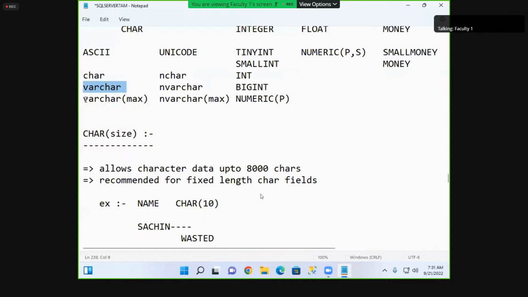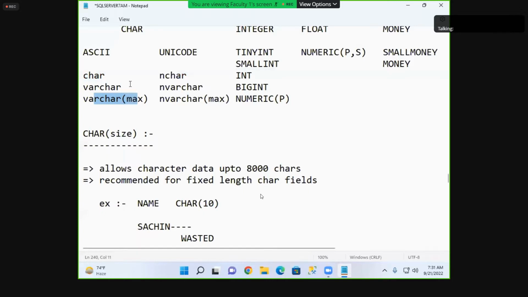These two allow characters up to 8,000. To store more than 8,000, we use varchar max. But char and varchar max allow only English alphabets, ASCII characters.